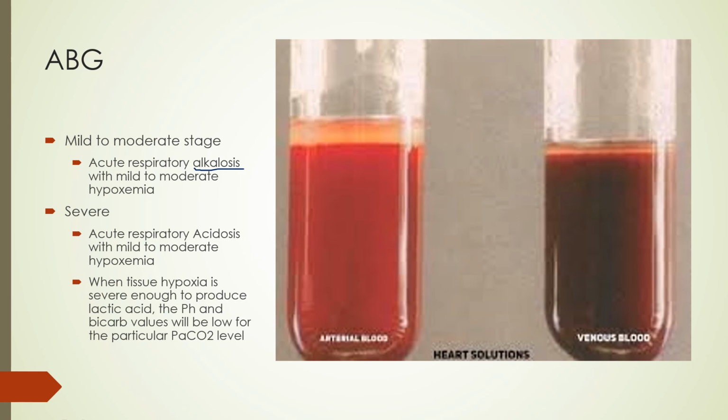So initially, when your muscles are strong enough to do this, you'll have a respiratory alkalosis. Well, the idea here is to get as much oxygen into your bloodstream as possible. Part of that is by getting rid of CO2.